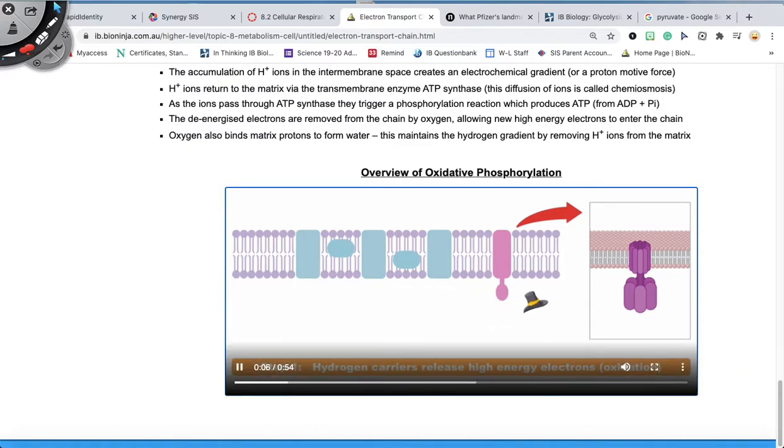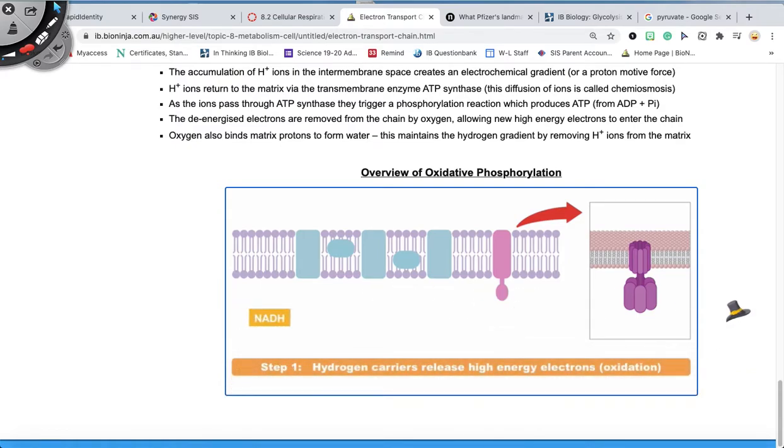Electron transfer chain, ATP. Here come the hydrogen carriers. They release their electrons and their hydrogens. The electrons are going to travel down the electron transfer chain, losing energy along the way. That energy is going to be used to pump the hydrogens to the intermembrane space, where there's a high number of protons.